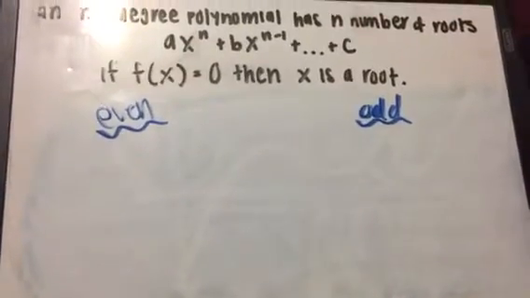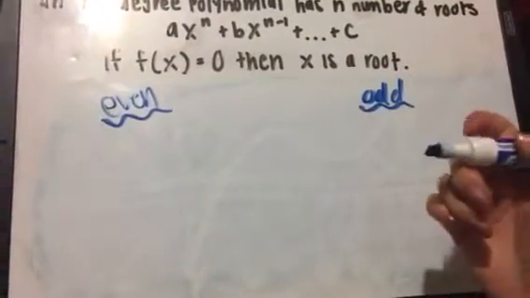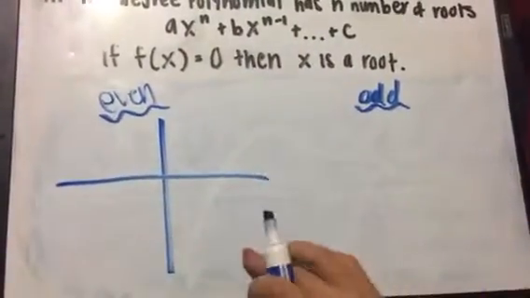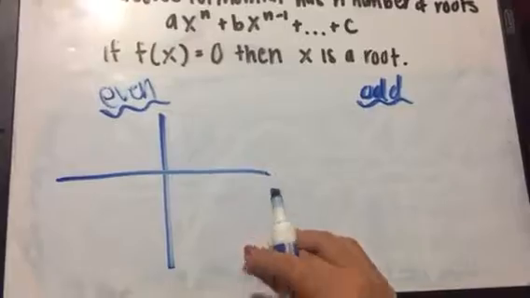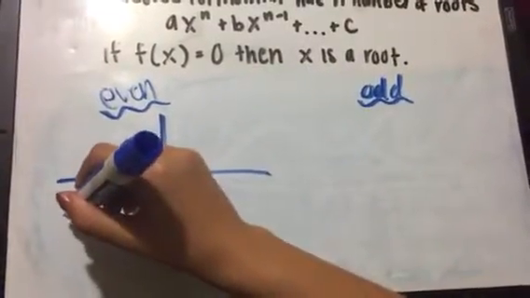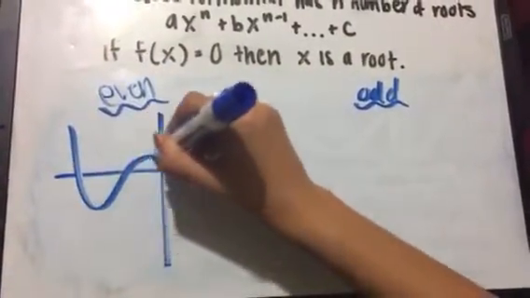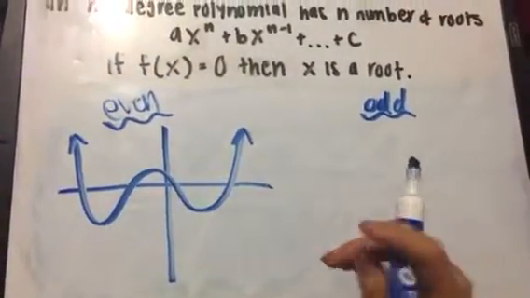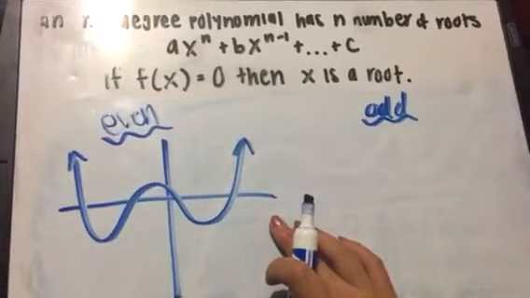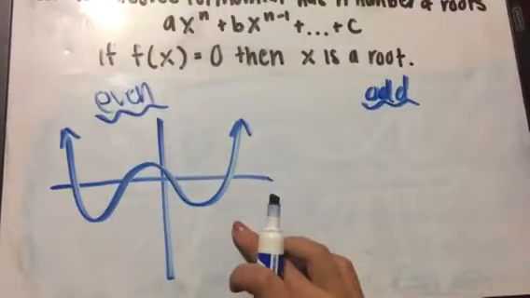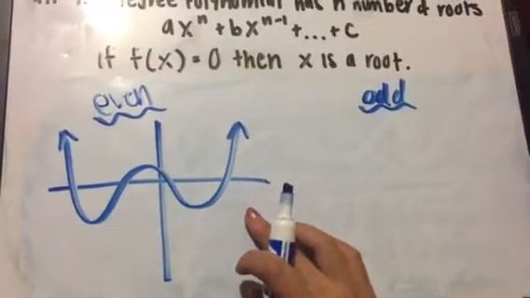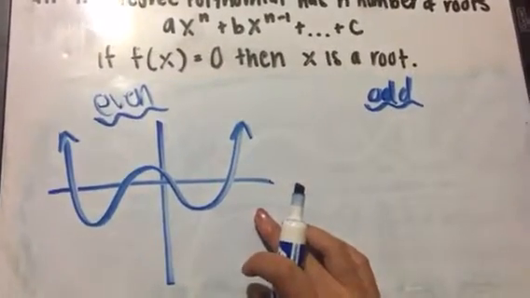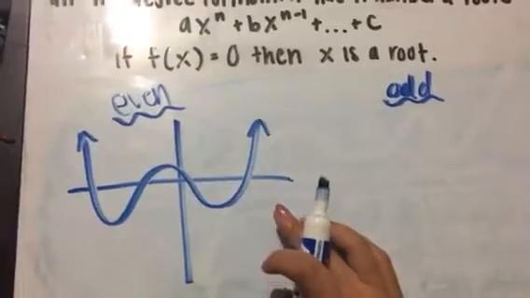So first, let's start off with even degree polynomials. An example of an even degree polynomial graph could look something like this. So then this is a fourth degree function, and the fundamental theorem of algebra states that a fourth degree polynomial should have 4 roots.